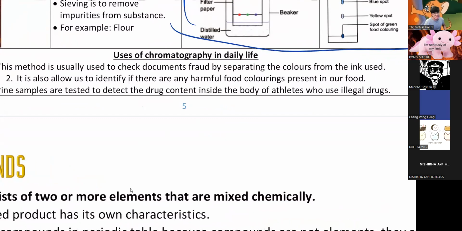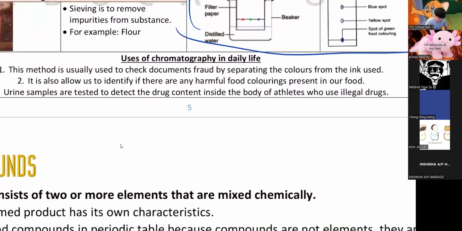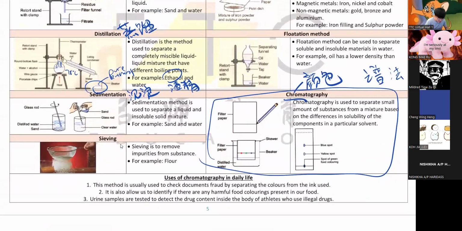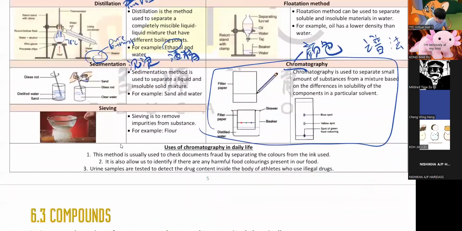You know, performance enhancing drugs, right? We call them PEDs. So this is why when you finish, let's say, your Olympic competition, you have to go for a urine test, to make sure that you don't use any funny stuff in your body to make you hopefully perform better in sports, right? Because that's cheating.